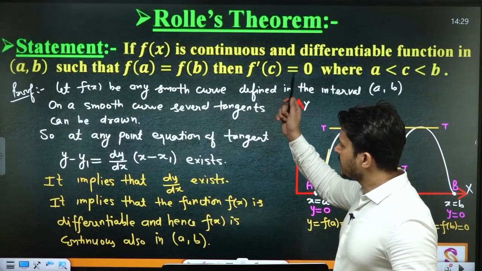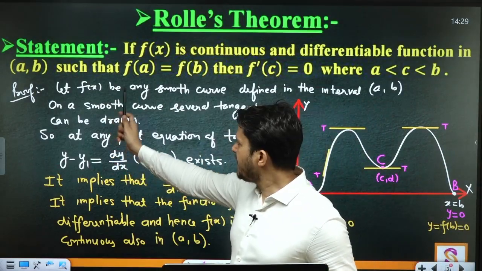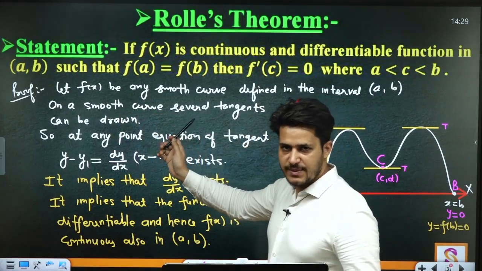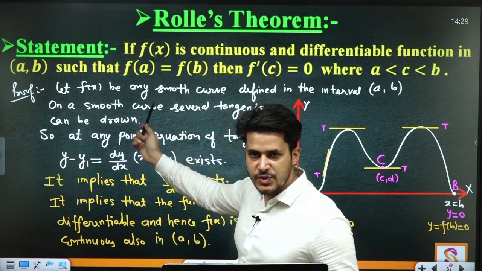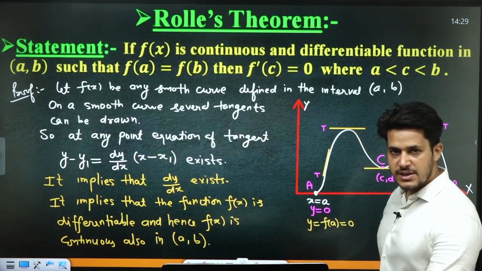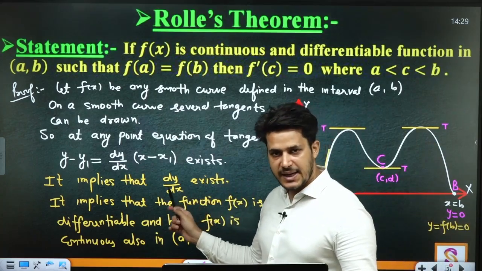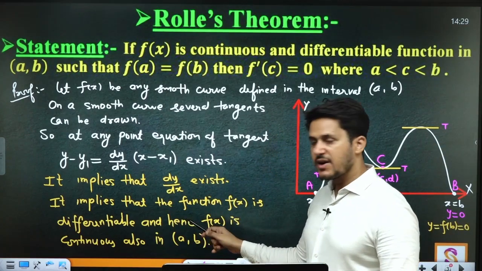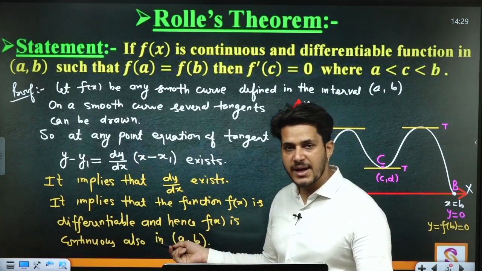We will start from here. To show f(x) is continuous and differentiable, it will be a smooth function at which there exists a tangent. Equation of tangent exists only when dy by dx exists. It means the function is differentiable and hence it will be continuous.